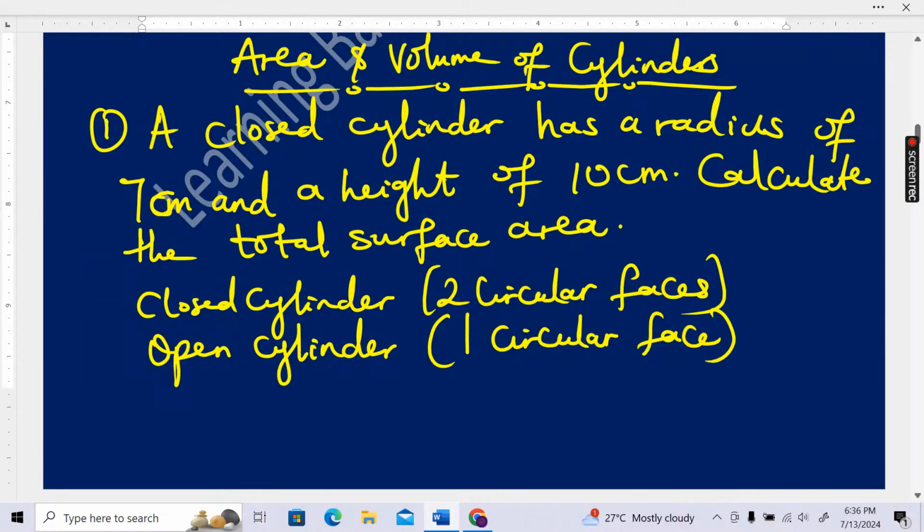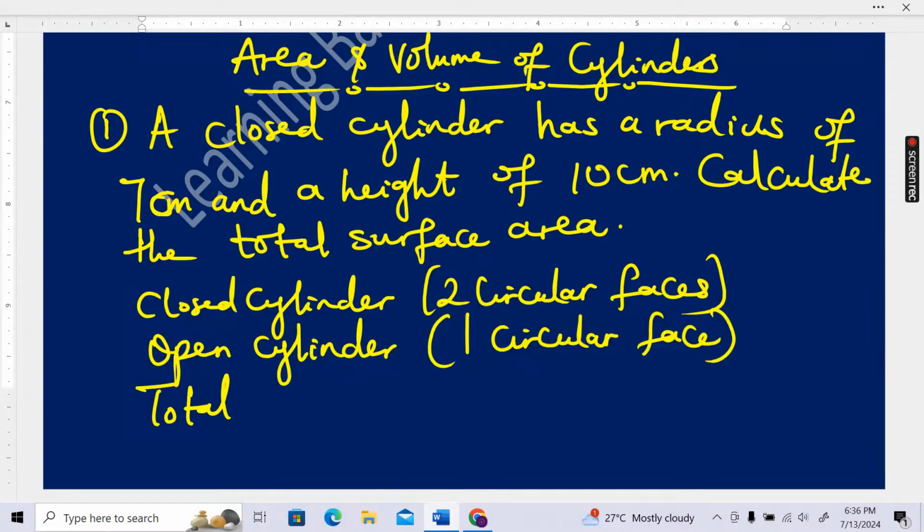But a cup that has no cover is an example of an open cylinder. When you open the tin of Milo, you'll have an open cylinder, which means an open cylinder has only one circular face. Now, to find the total surface area of a cylinder, this is the formula.